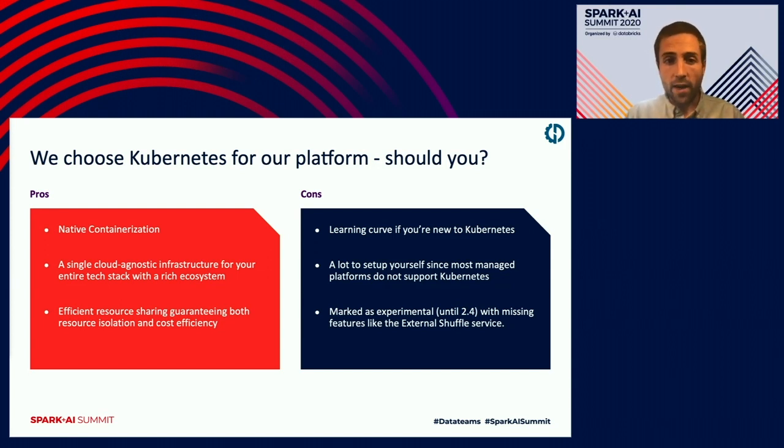On the negative side, Kubernetes support is still pretty new. It was still marked as experimental until version 2.4. And there's also a lot to learn and a lot to set up yourself as you get started. So to illustrate this point, here's a high-level checklist of things you should do if you want to work with Spark on Kubernetes.